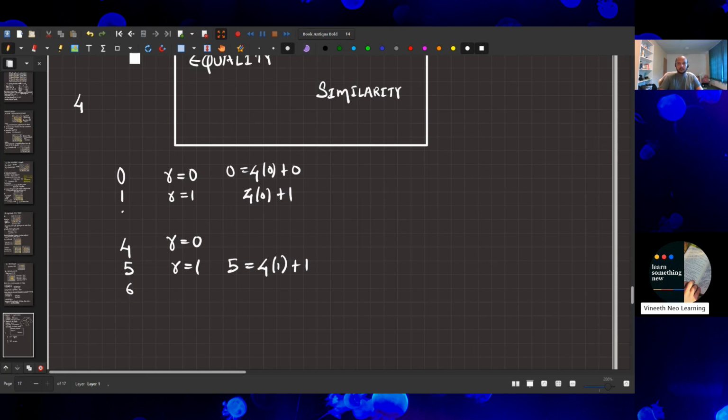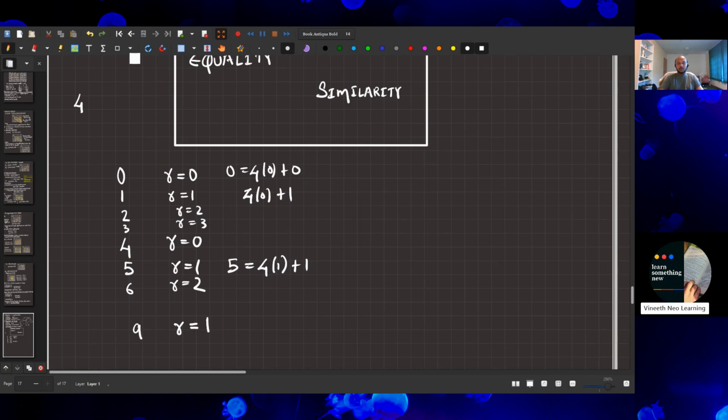Similarly, 2's remainder is 2, 3's remainder is 3, 4's remainder is 0, 5's remainder is 1, 6's remainder is 2. So in this context, if we look at only remainders, for instance, what is the remainder when we divide 9 by 4?